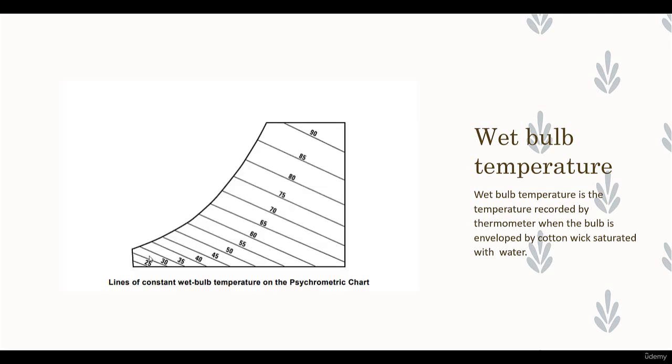So on the psychrometric chart, dry bulb temperature is shown with the help of these lines. The lines in this direction show the wet bulb temperature.